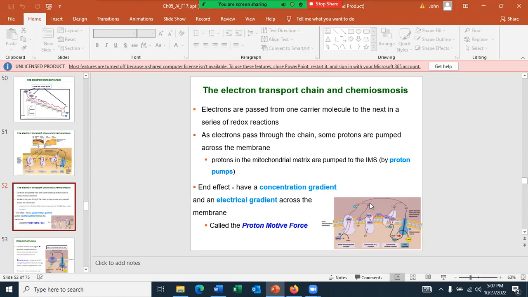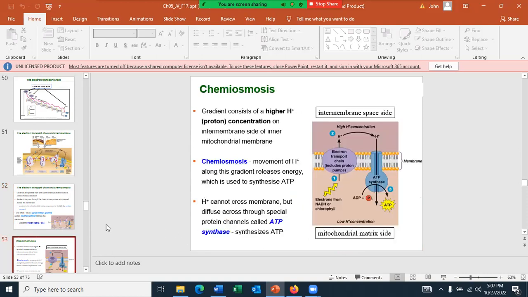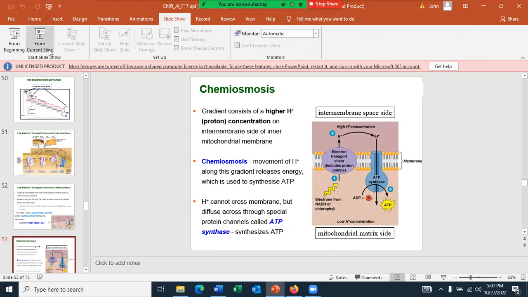There's a twofold gradient. These hydrogen ions are going to move from this side of the membrane to that side of the membrane. And that's potential energy difference. The cell uses that potential energy difference to make ATP.